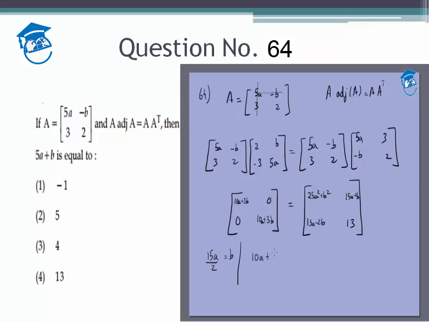So 10a plus 3 times b, which is 15a by 2, is equal to 13, which means 20a plus 45a, 65a by 2 is equal to 13, which means a is equal to 2 by 5. And if a is equal to 2 by 5, you can easily calculate the value of b as well. b is equal to 15 by 2 into 2 by 5, which is 3.